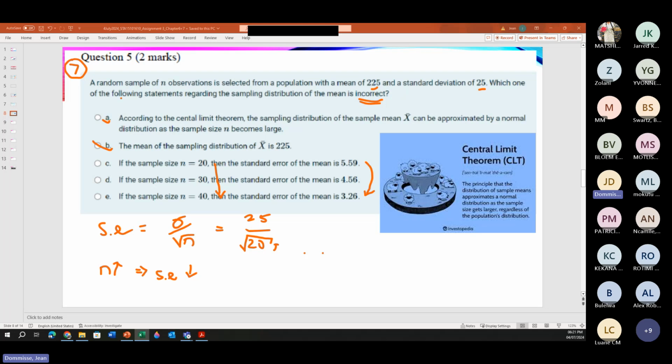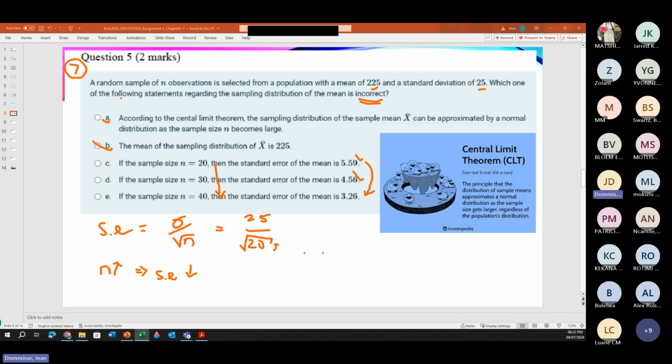Let's just see out of this if any of those ones are wrong. So 25 divided by square root of 20, I get 5,59. Okay, so that is correct. If it is square root of 30, I get 4,65. Oh, so where else did I make a mistake?